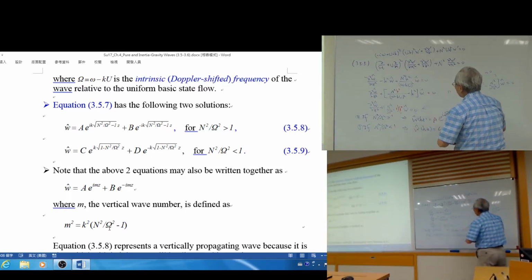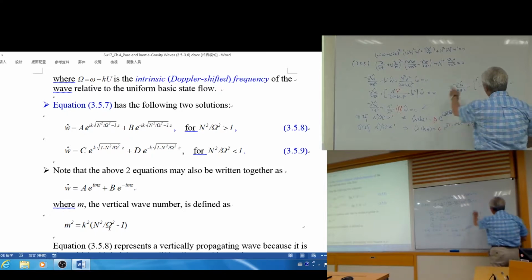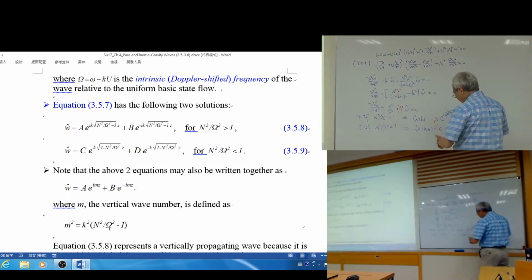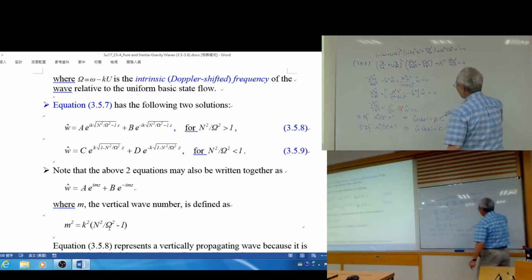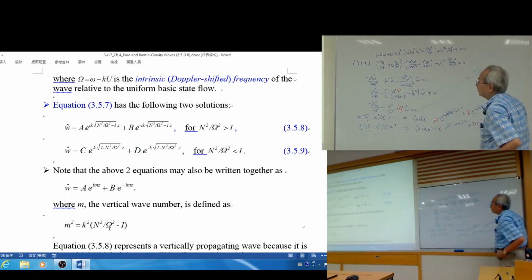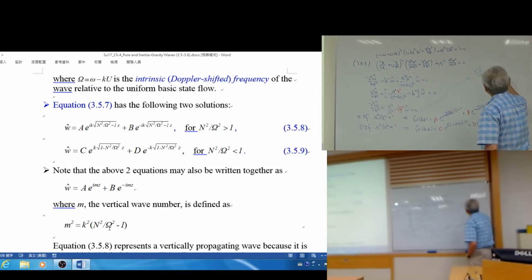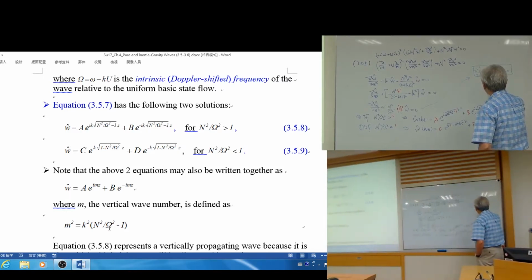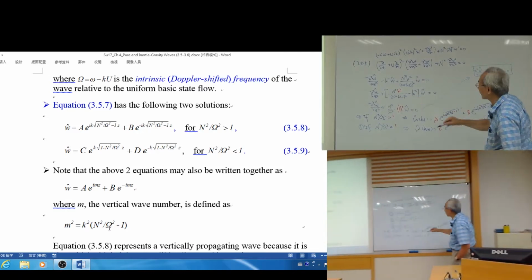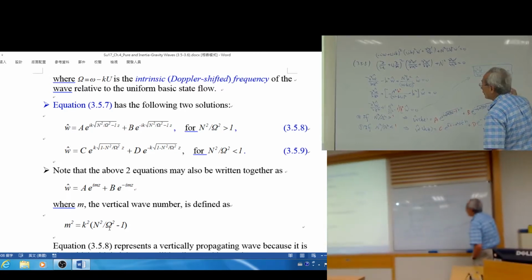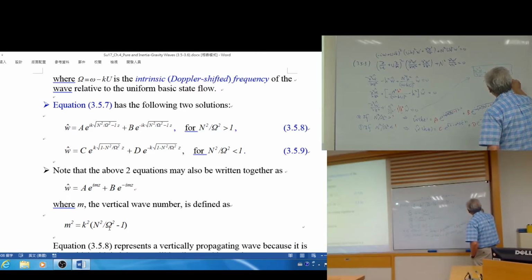They probably simply write it this way: d squared omega hat over dz squared plus m squared times omega hat equals 0, and m squared is defined as k squared times (n squared divided by omega squared minus 1).